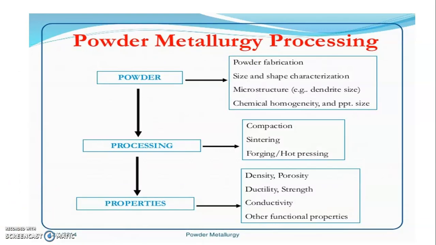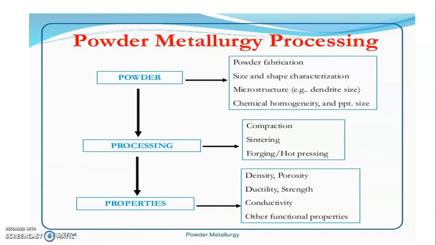Here you can see that first the powder fabrication, size and shape characteristics are considered, because sometimes the size is very important for getting better properties. Then microstructures define how the shape and size will be. Then chemical homogeneity.